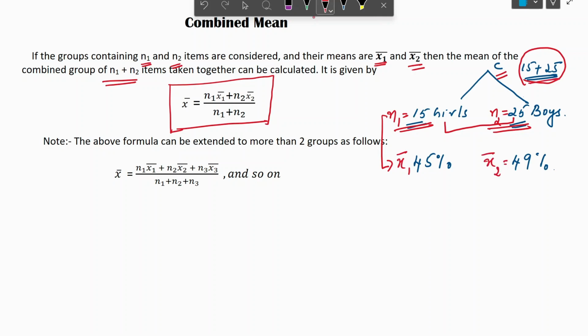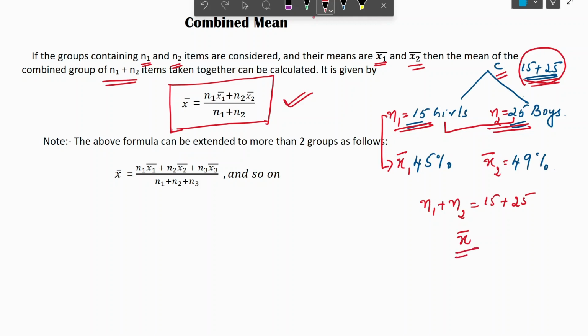Now here, the total strength of the class, 15 plus 25, in the combined group is N1 plus N2. Therefore, you can find the average marks scored by the entire class, including 15 girls and 25 boys, by using the formula x bar equals N1 x1 bar plus N2 x2 bar divided by N1 plus N2.